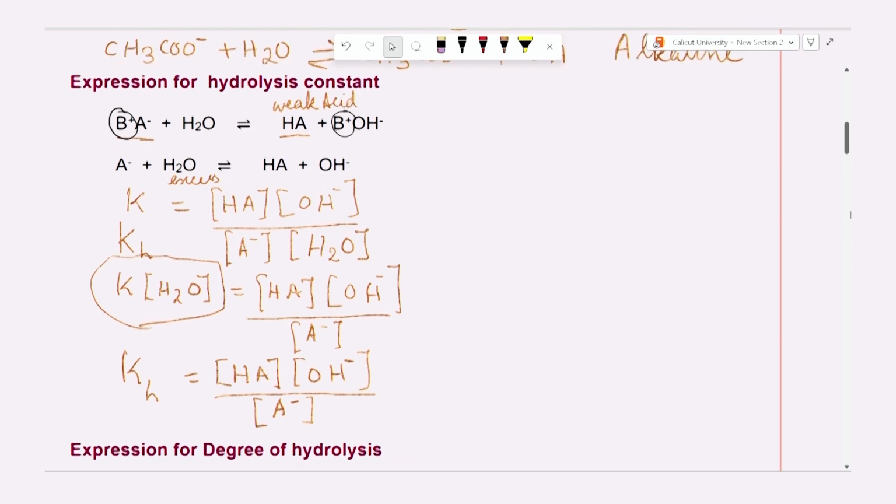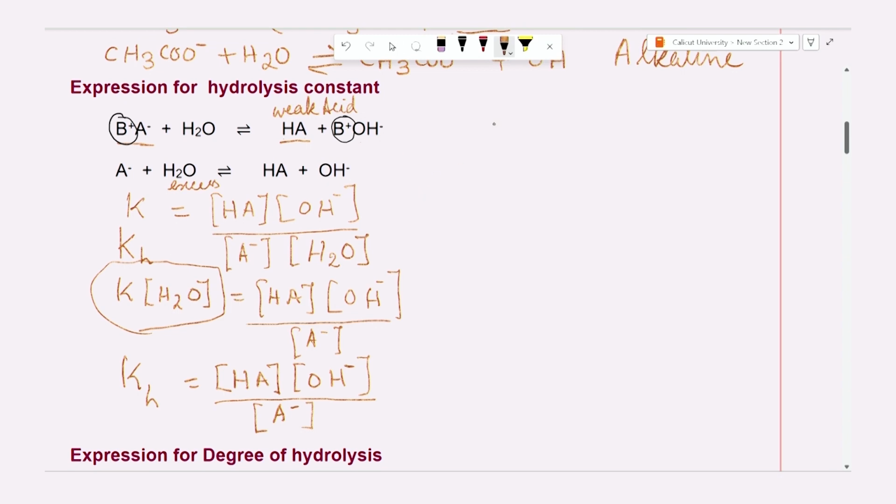Now, since it forms a weak acid HA, this acid can interact with water and you can write it as H3O plus A minus. Remember, this is a salt formed from a weak acid and a strong base. In that case, I will first derive the value for Kh, then go for another dissociation constant, whichever is weaker.